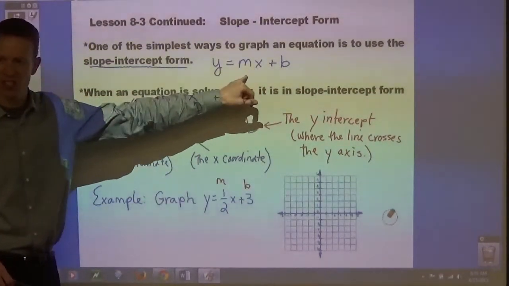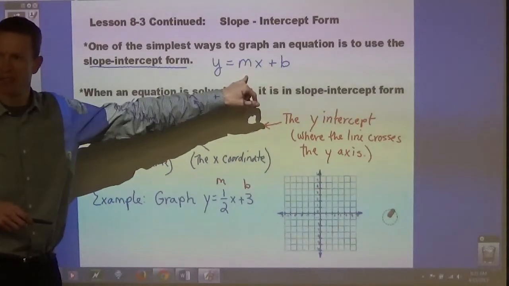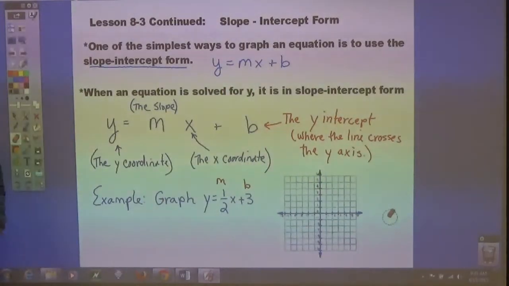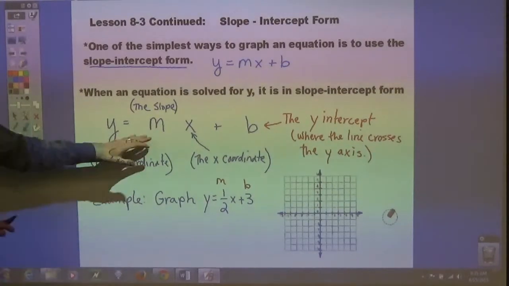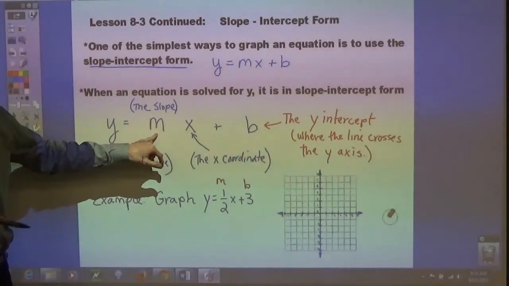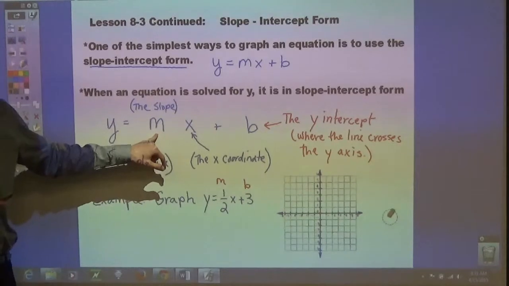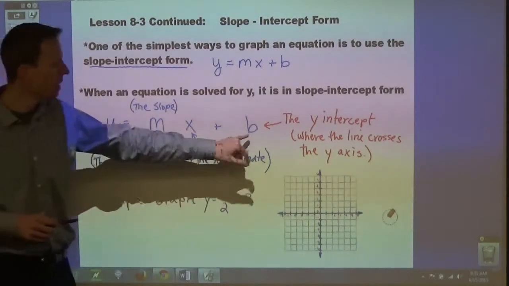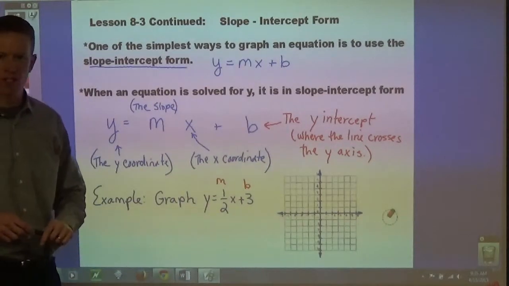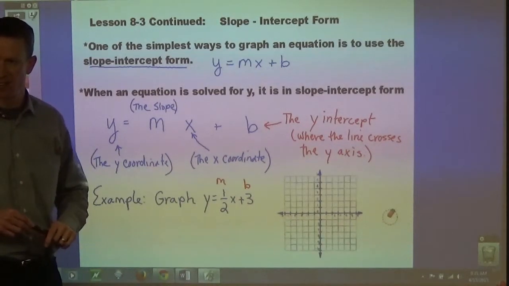What's the coefficient? M. M is also the slope. In this equation, whatever number is in place of m is going to be the slope of the line. And b is going to be where the line crosses the y-axis.